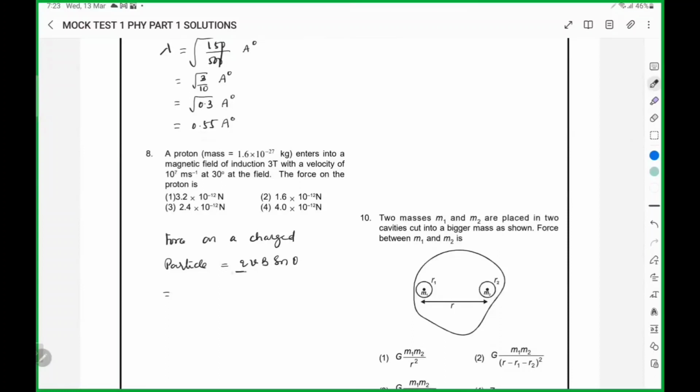Here Q is the charge of the proton, velocity is given, magnetic field is also given, and the angle is also given. So it is 0.8 to 0.4 into 10 power minus 12 newtons.